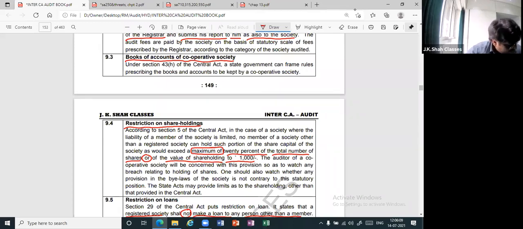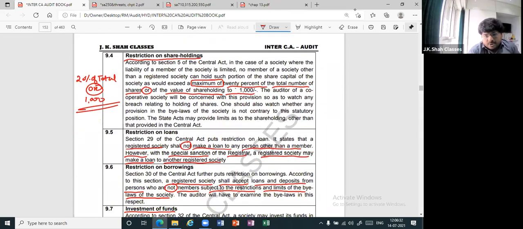So can I say it is basically 20% of the total or rupees 1000 maximum? You cannot have more than this. All cool? Whichever is higher basically. They don't ask all this, but since these are points, we are just brushing it up.